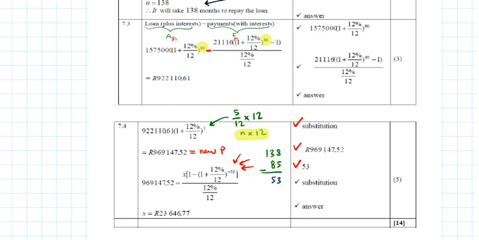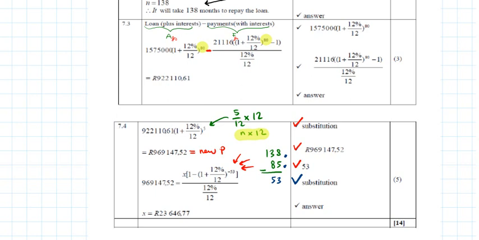So 85 months passed, and starting from 86 she will start paying, 86, then 87, then 88 and everything, all the way to 138. That's our n, and in the formula it is negative 53. Now the i is fine, so you get another mark for substitution. That's nice. And the answer, leave x alone.